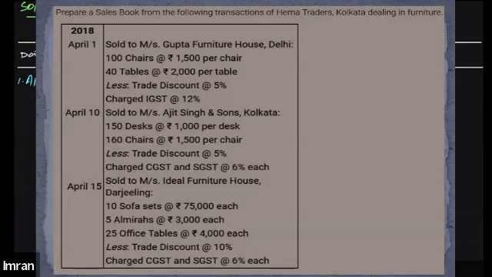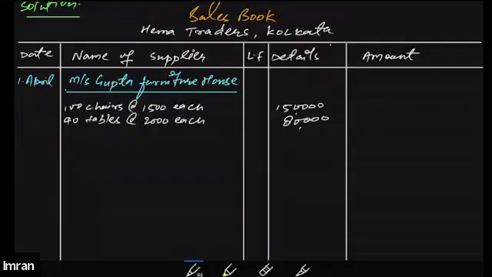And we provided the trade discount as well this time, trade discount at the rate 5%. So we need to subtract this. Less trade discount at the rate 5%.